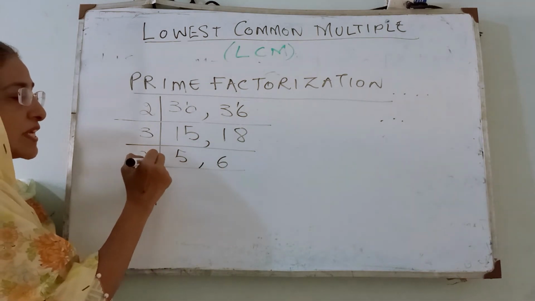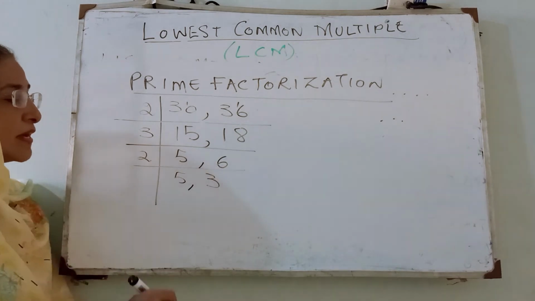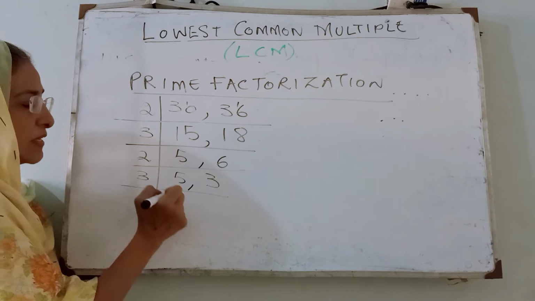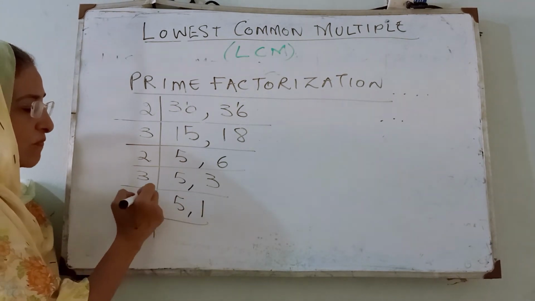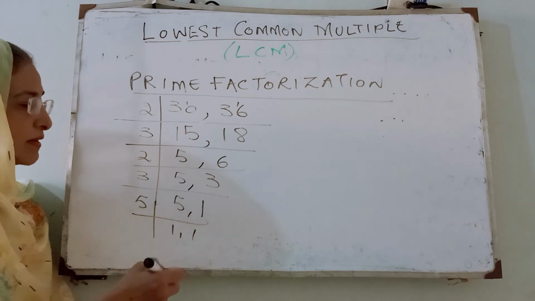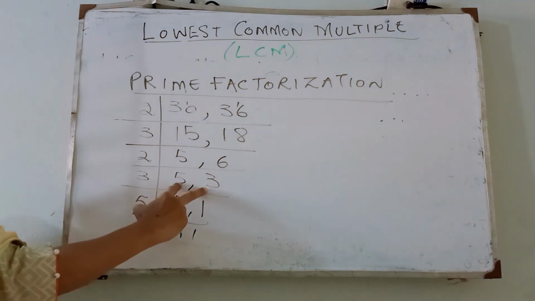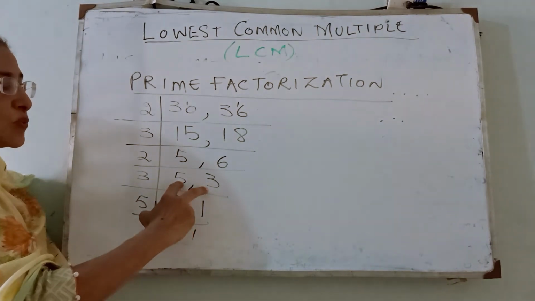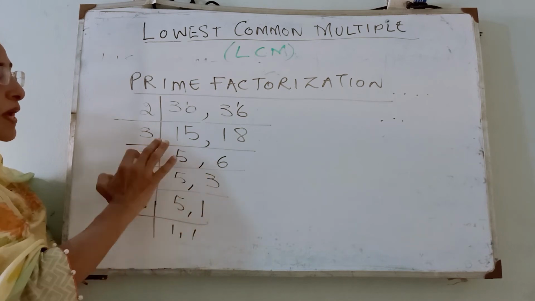I can keep on dividing with 2 and 3, but the moment they start coming in different tables, you can stop your division here and multiply all the factors.